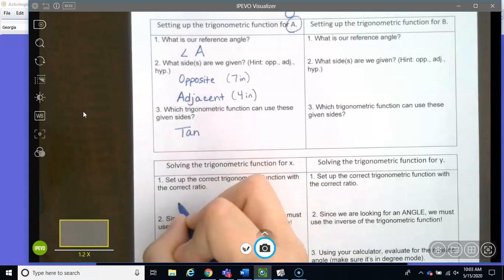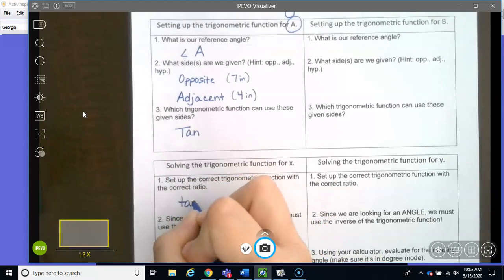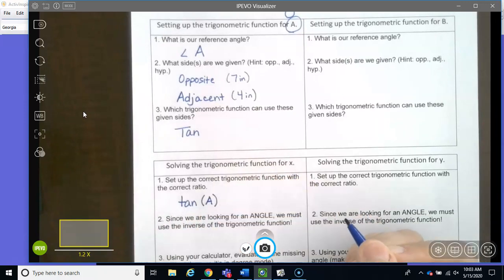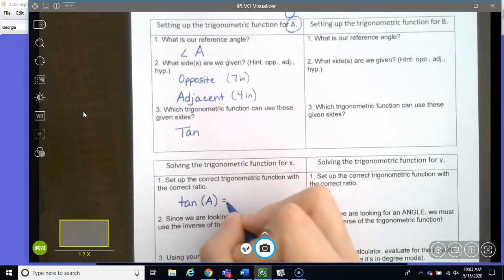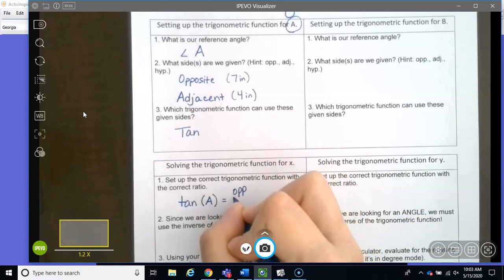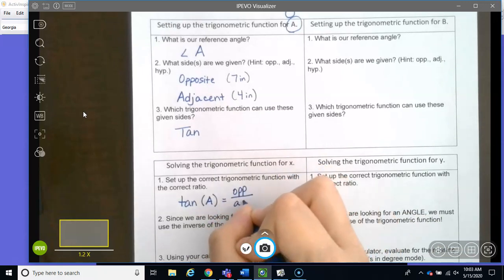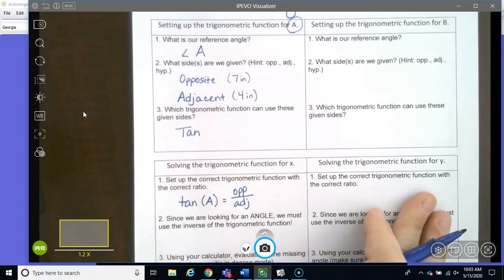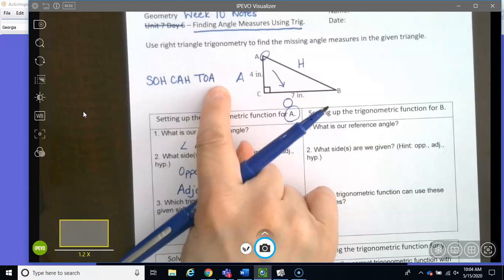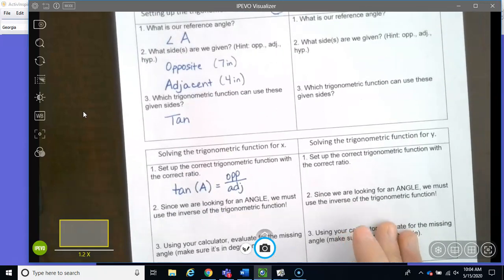So since we're using tangent, we use tangent. Our angle is angle A, so it's tangent of A is equal to the opposite side over the adjacent side. And we get that from our SOHCAHTOA. Tangent equals opposite over adjacent. Okay?